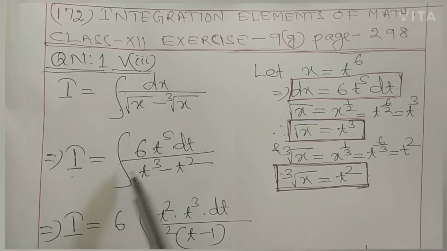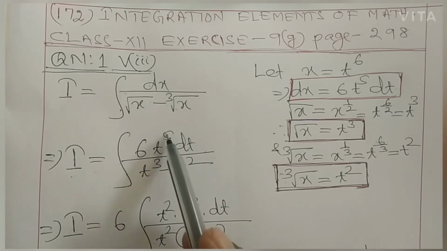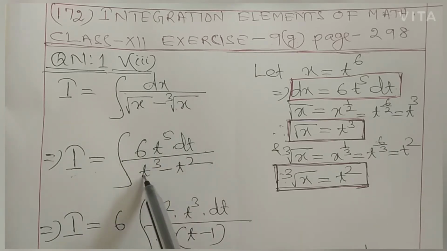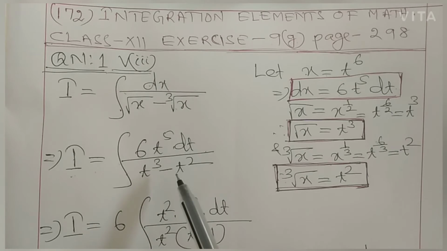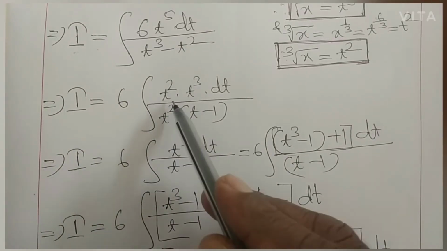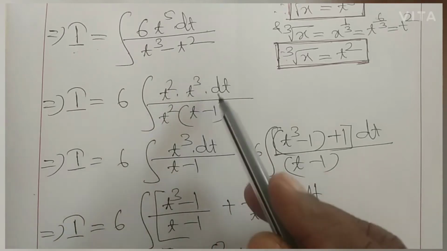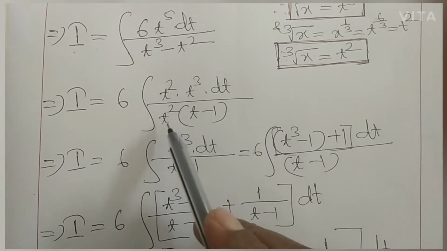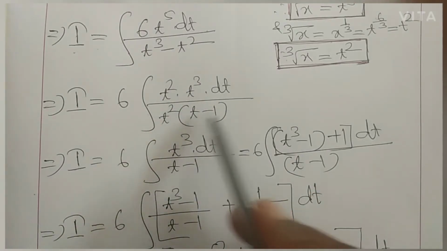So I is equal to the integration of 6 into t to the power 5 into dt by t to the power 3 minus t square. This implies I is equal to 6 into the integration of t square into t to the power 3 into dt by t square into t minus 1.